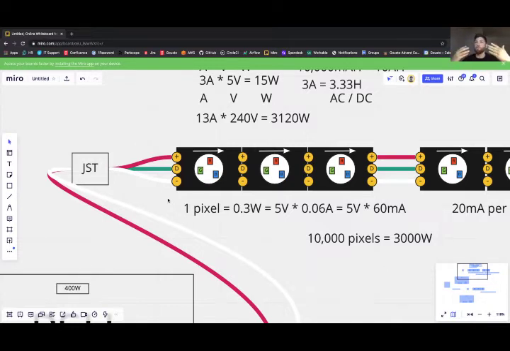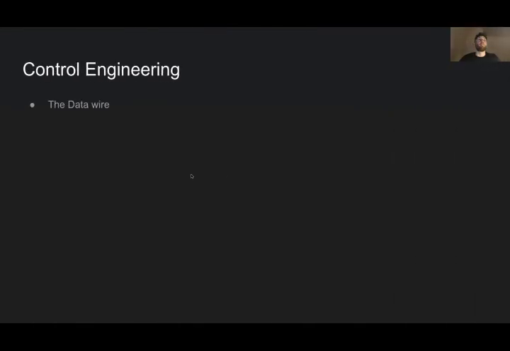And so you get these smooth transitions from one color to the next, which ultimately come together to make the illusion of motion and continuity. So that's what our objective is with the data wire. We want to send a signal to the integrated circuits in these pixels that tells them what color to be and when. Okay, that's what the data wire does.